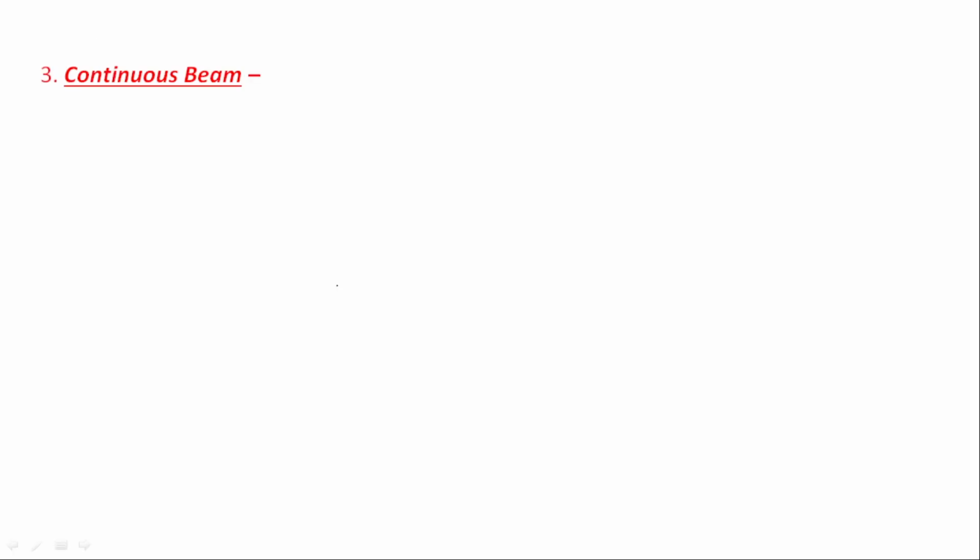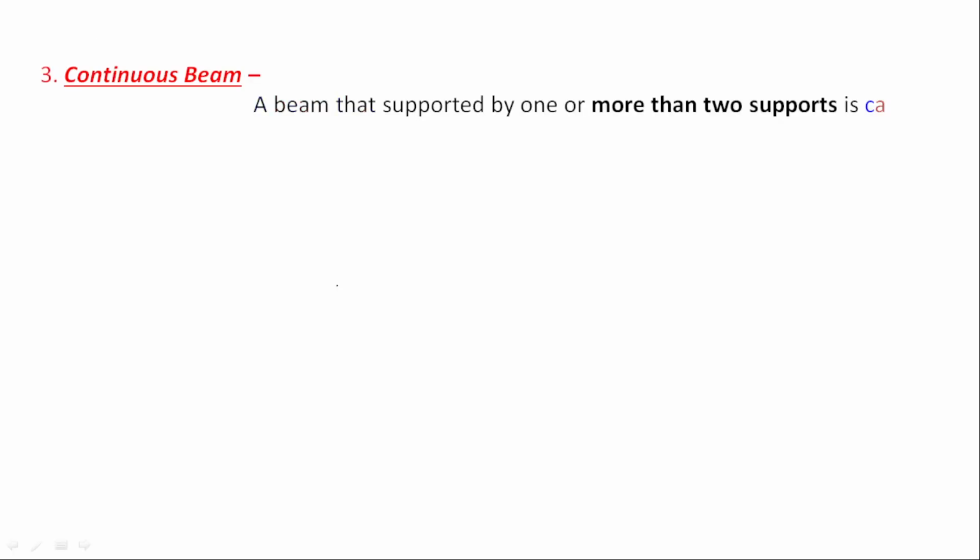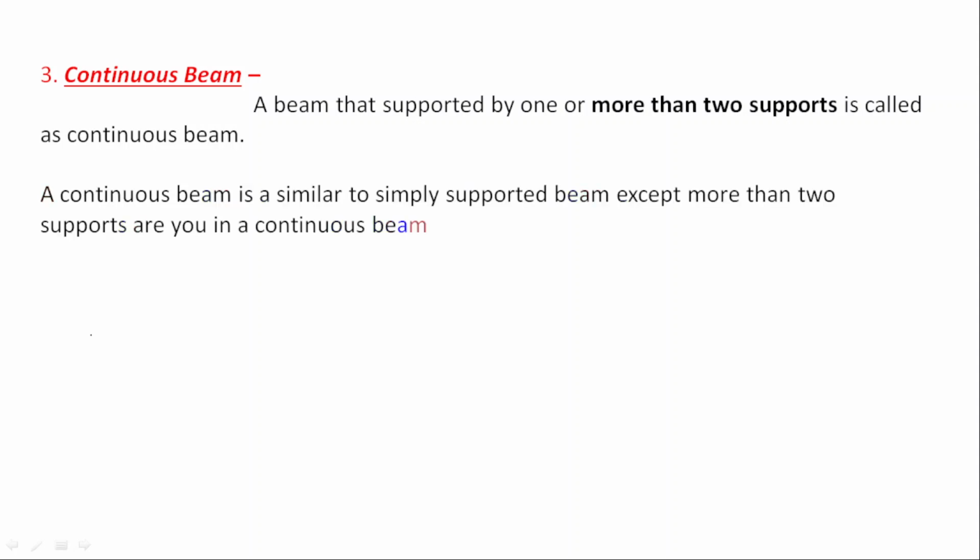Third is continuous beam. A beam that is supported by more than two supports is called a continuous beam. A continuous beam is similar to a simply supported beam except that there are more than two supports.